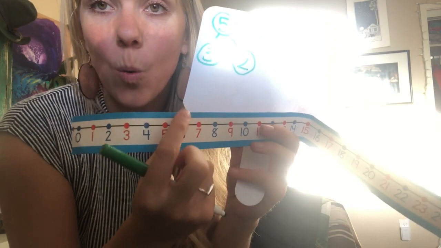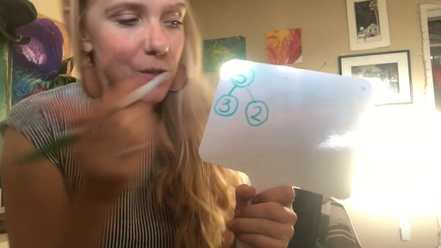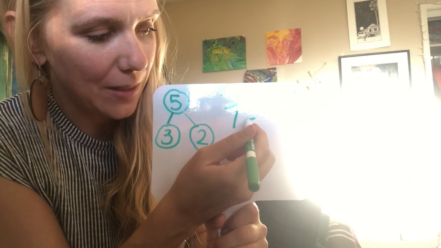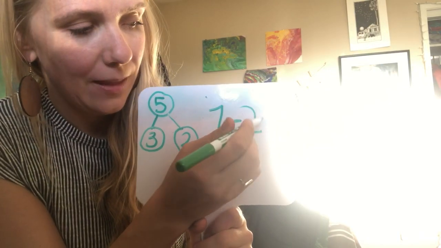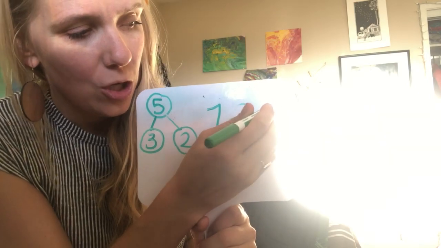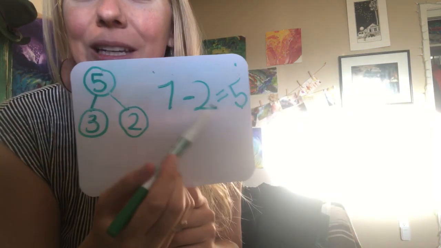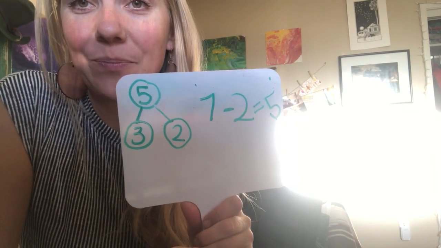Let's try. 1, 2. Okay, so I start at 7, and I need to go backwards, which means take away 2 equals 5. So when we do number of the day, all of our equations should equal 5. It should equal the number of the day.